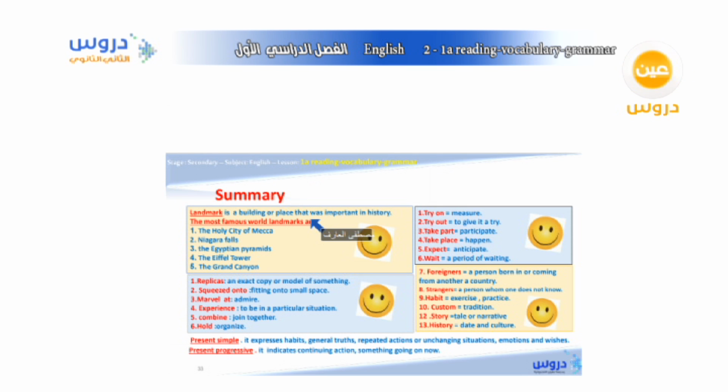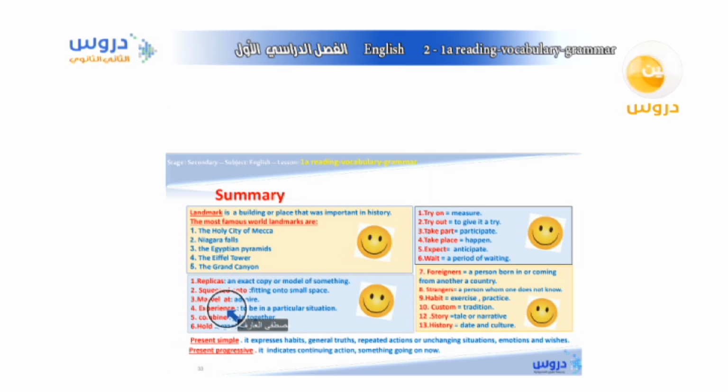So here is the summary of what we did today. So we talked about landmarks like the Holy City of Mecca, Niagara Falls, Egyptian pyramids, Eiffel Tower, Grand Canyon. We had some nice vocabulary: try on, try out, take part, take place, expect, and wait. And we drew the difference between some confusing pairs of words like these: foreigners and strangers, habit and custom, story and history.